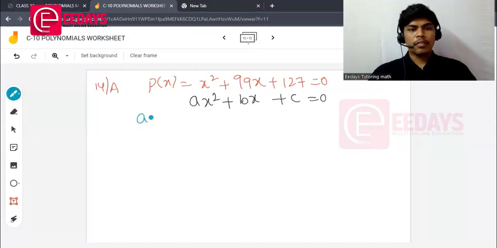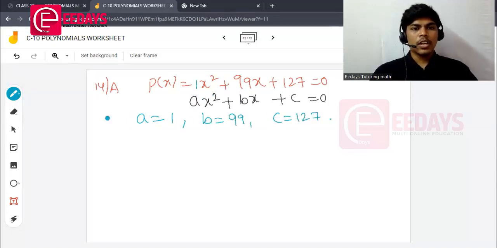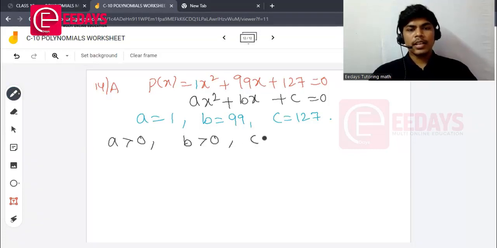In the place of a, we have 1, in the place of b, 99, and in the place of c, 127. Did you notice that a is greater than 0, b is also greater than 0, and c is also greater than 0?